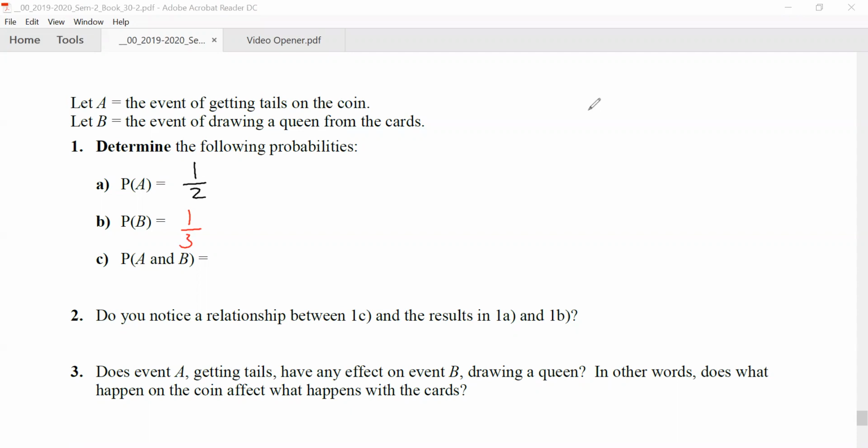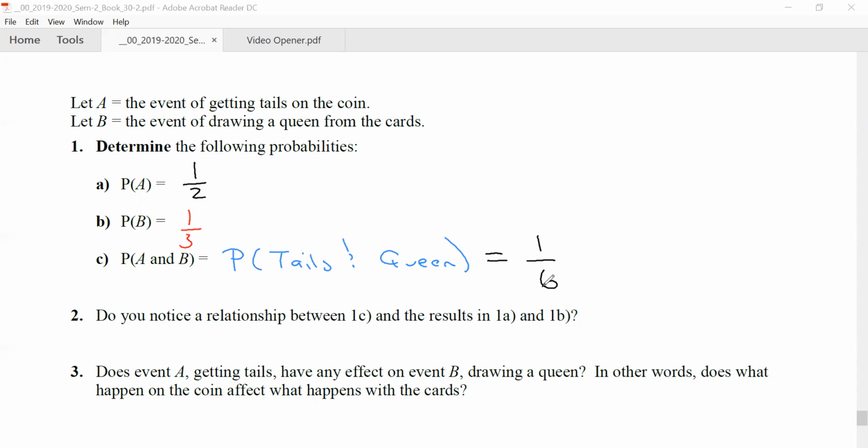That's the probability of getting a tails and a queen. Well, I can go back up and just count. How many ways did that happen in my sample space? Well, there was only one way out of 6 ways for me to get a tails and a queen.